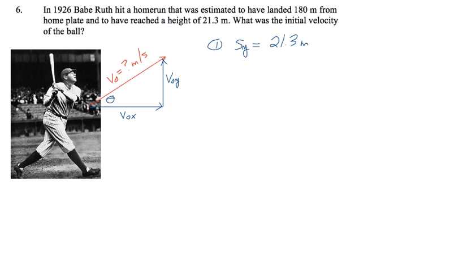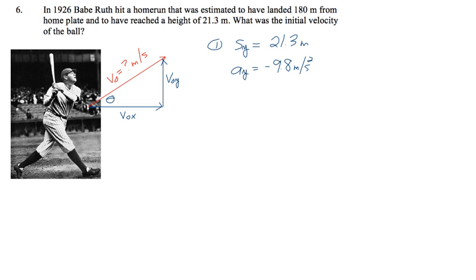So I know that's at the halfway point, that's the displacement vertically. And I know that on the way up, it's slowing down because of gravity. So I'm going to have minus 9.8 meters per second squared. That's my acceleration due to gravity.